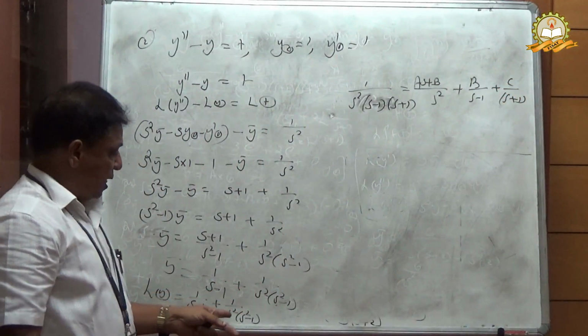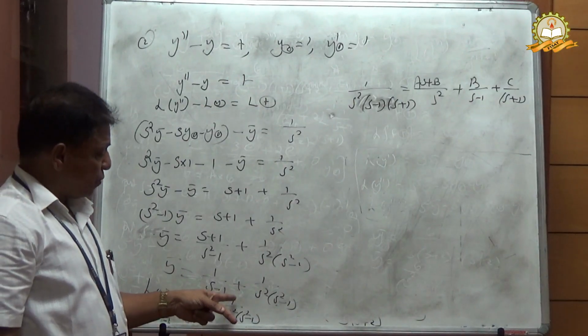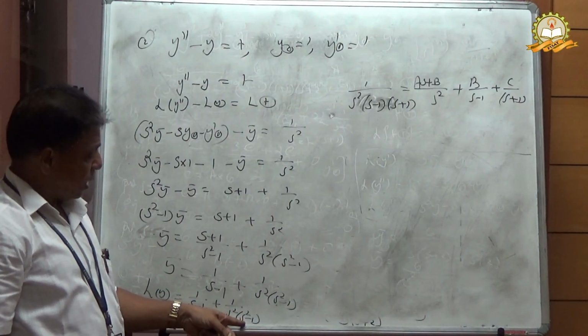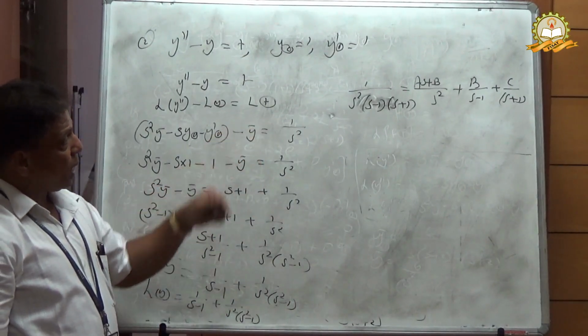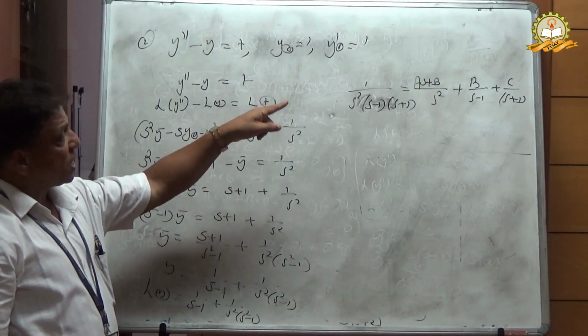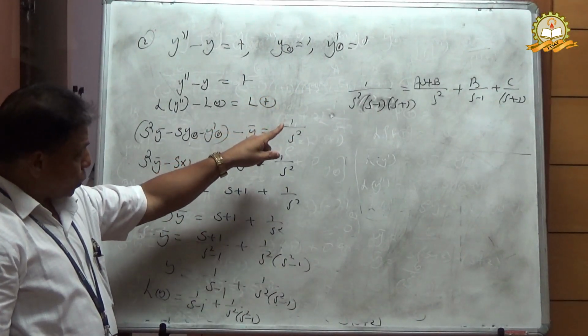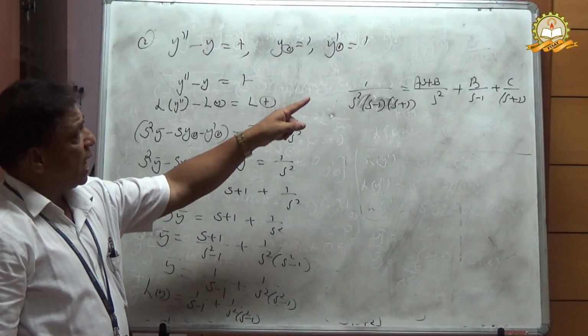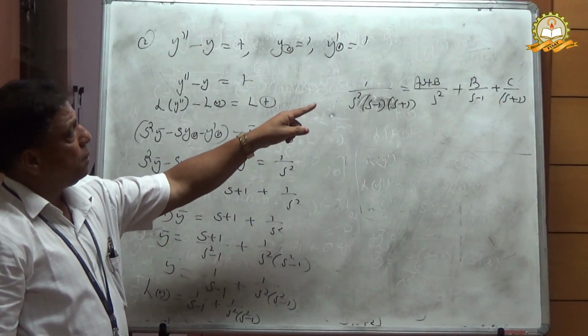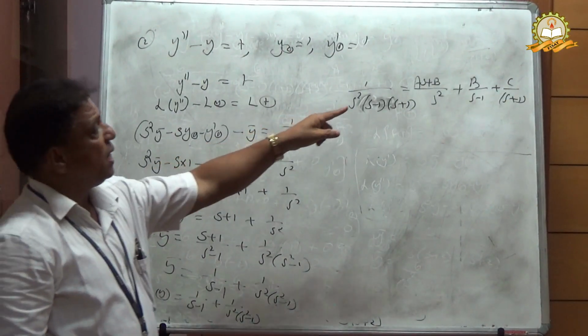To find the inverse Laplace transform of 1 by s square into (s square minus 1), we resolve into partial fractions. The third method of partial fractions says that 1 by s square into (s minus 1) into (s plus 1) is equal to (as plus b) by s square plus c by (s minus 1) plus d by (s plus 1).